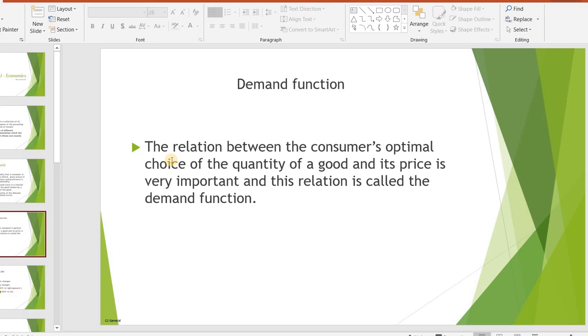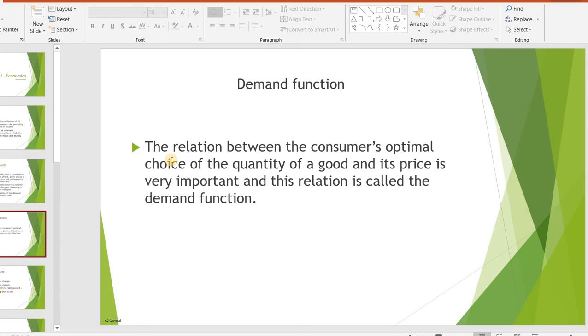The relation between the consumer's optimal choice of the quantity of a good and its price is very important, and this relation is called the demand function. The functional relation between quantity and price is known as the demand function.